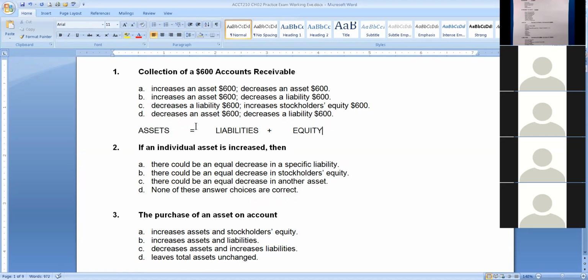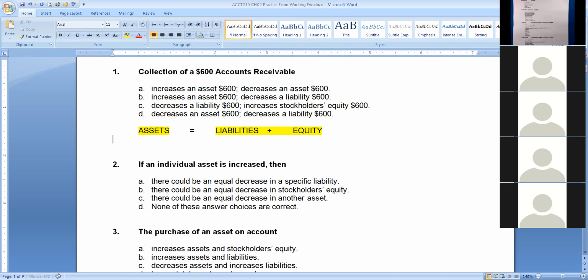So they really beat this whole thing up, that these two sides have to balance. Those have to equal this. That's kind of what they're doing, not all of them, some of them.